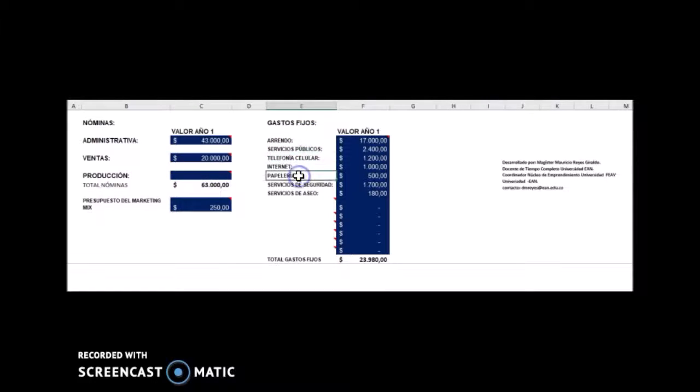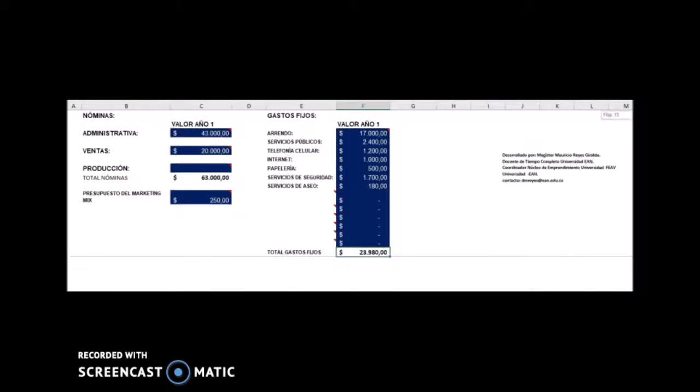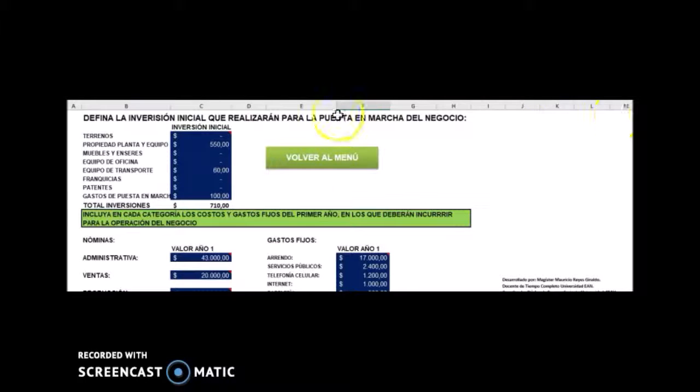We have here also paper, security services, cleaning services. So that gives us a total of about $23,980. So this is the initial investment that we need to do.